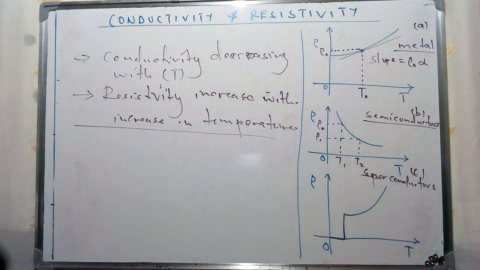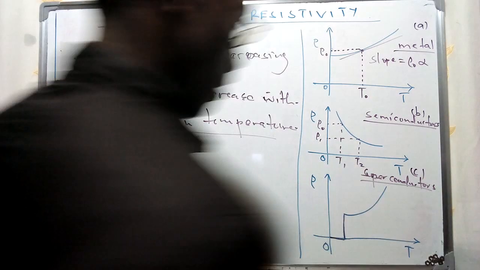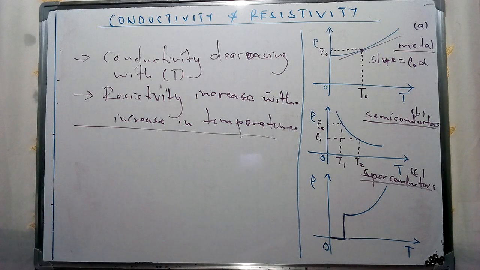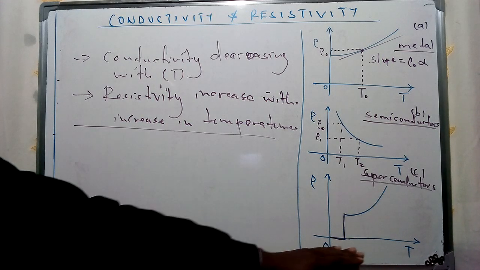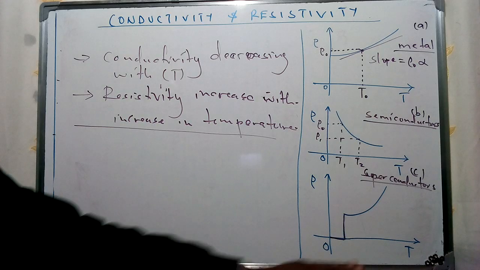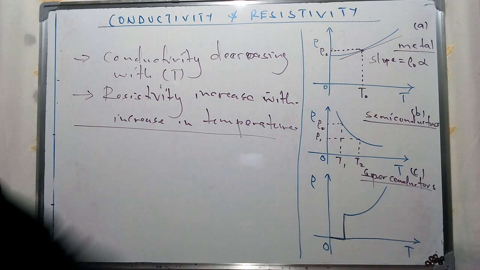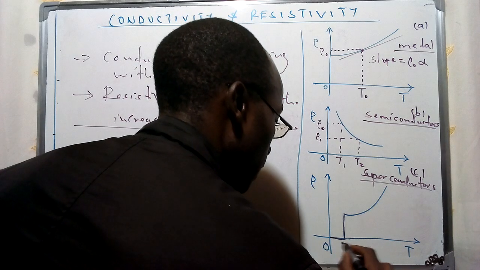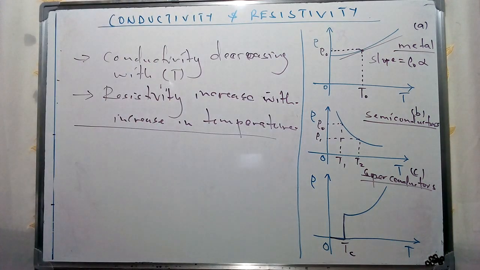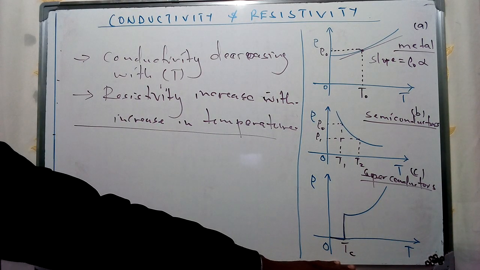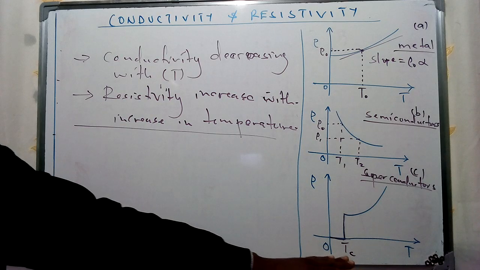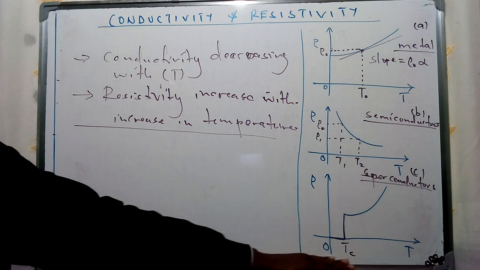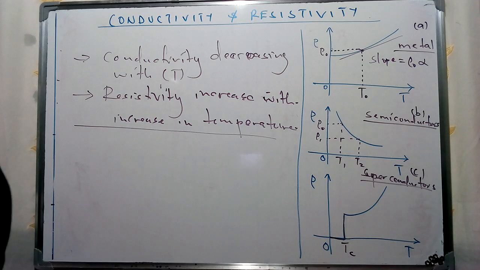And generally for the last one, which is superconductors, these are materials which exhibit a high level of conductivity as the temperature goes down. For temperatures below T subscript C, the resistivity is going to be 0, which means they are going to be conducting at an abnormal degree.